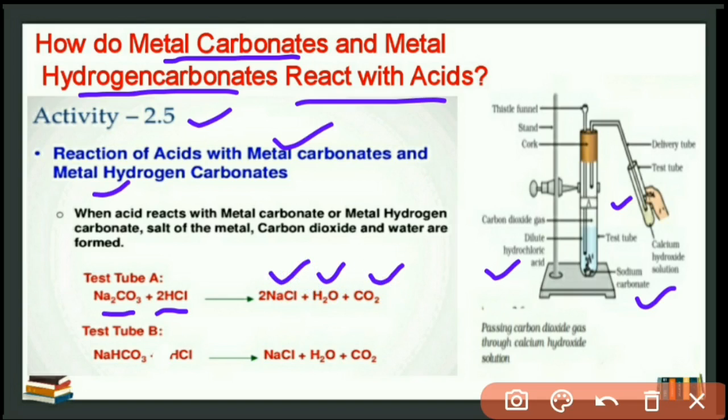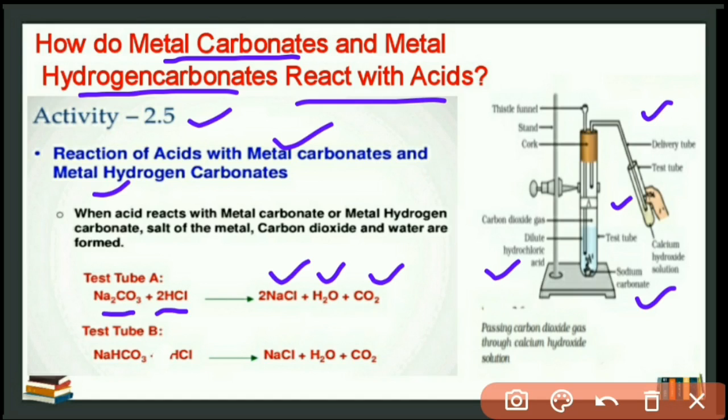To detect the CO2 gas, pass it through a delivery tube into a test tube containing lime water. When CO2 gas passes through this tube, it turns the lime water milky, and this milky, white precipitate is formed by the formation of calcium carbonate.